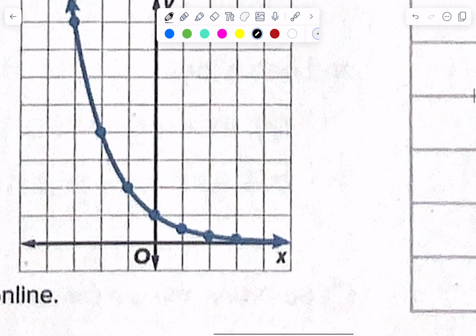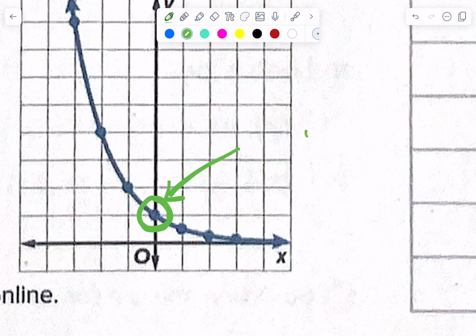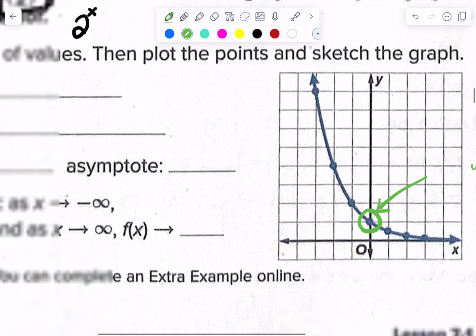So notice the difference. He is going downhill, but what do you notice? He's not going to cross 0, but exponential growth doesn't either. He still hits that y-intercept at 1. The only time he's not going to hit 1 is if I move him up, down, left, or right, right? But he still hits at 1 because anything to the 0 power is 1.